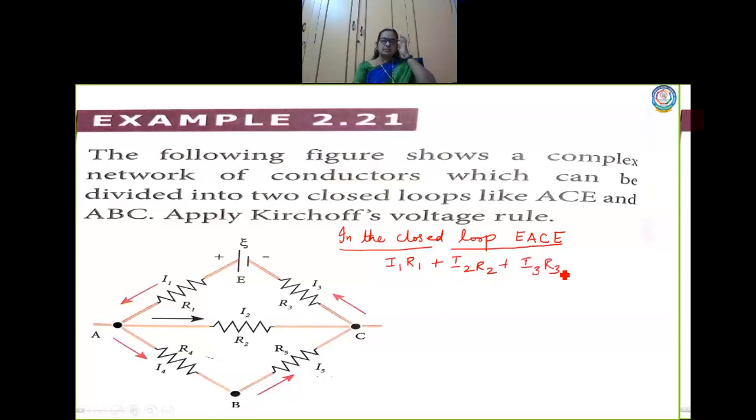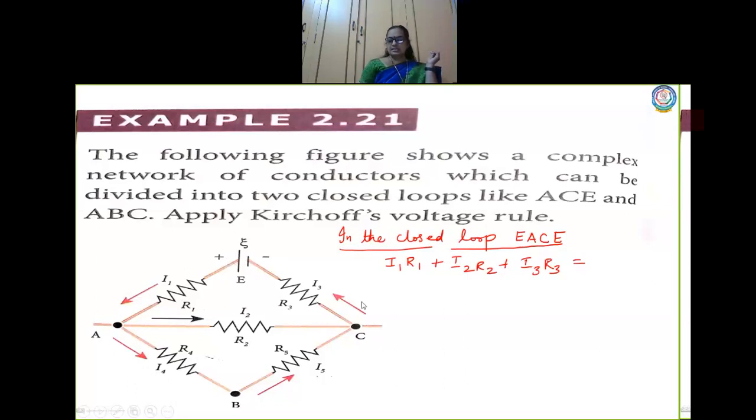According to Kirchhoff's voltage rule, the algebraic sum of the product of current into resistance must be equal to the algebraic sum of the EMF. Now as far as the EMF is concerned, you have only one cell. The EMF of this cell is taken as psi, and when it comes here, it moves from negative to positive, from lower potential to higher potential, right?